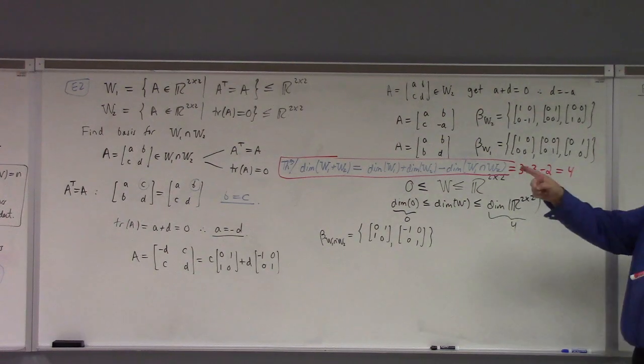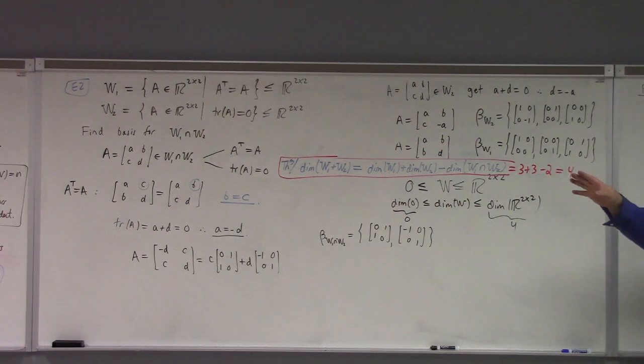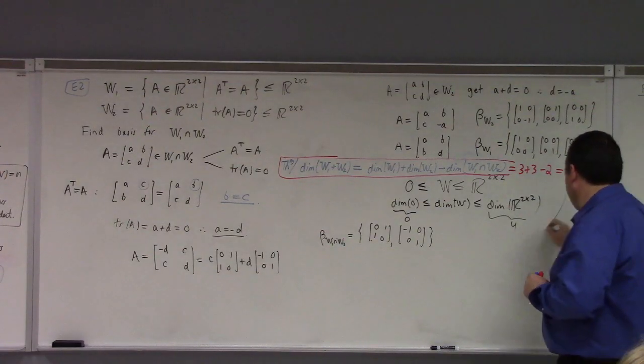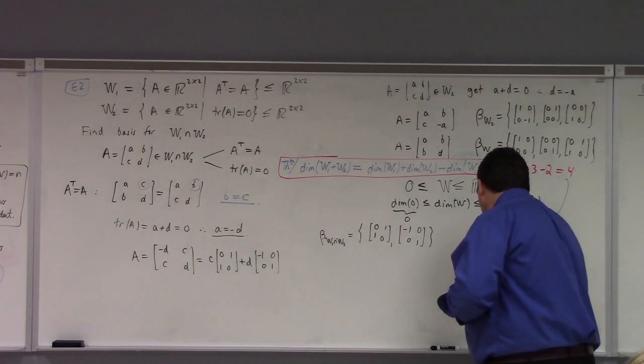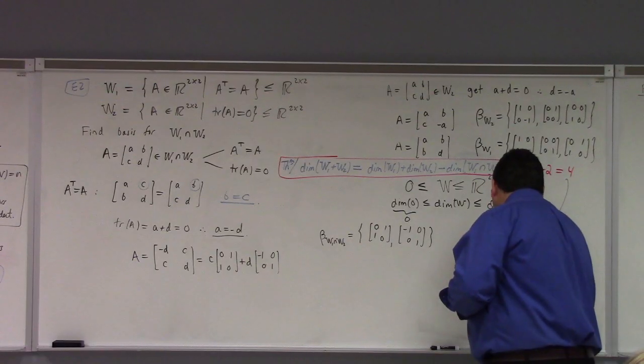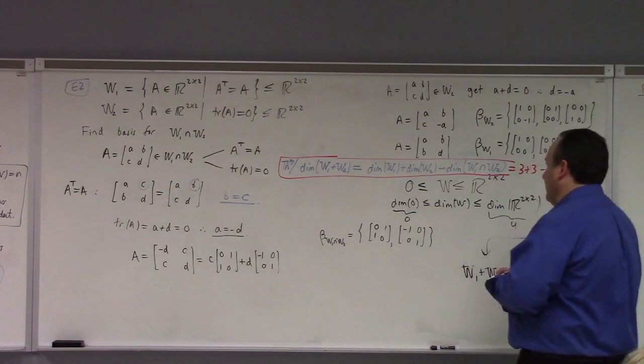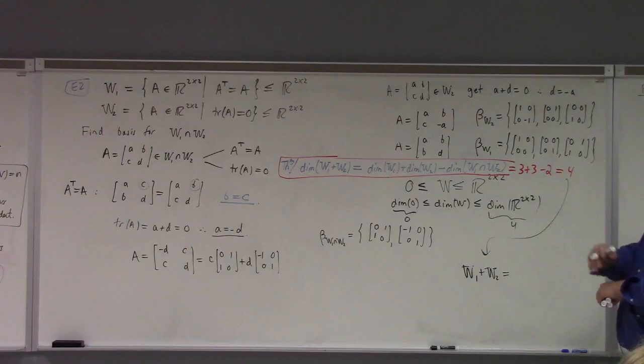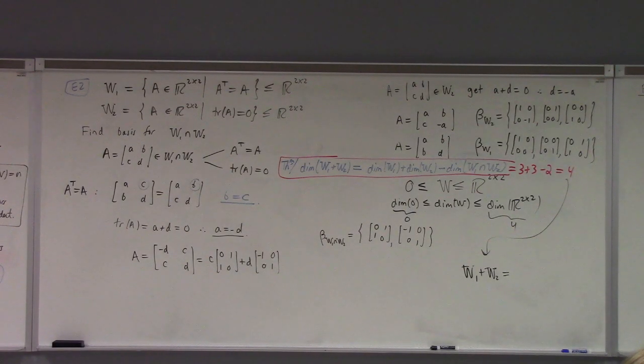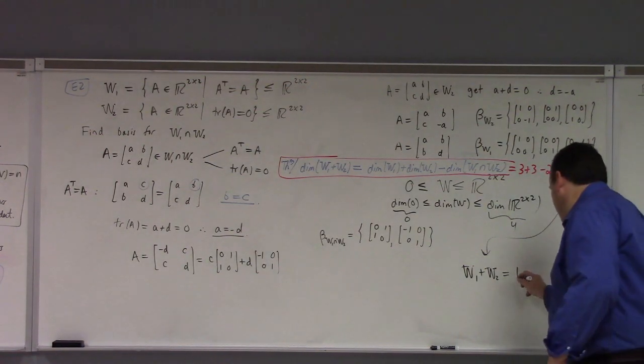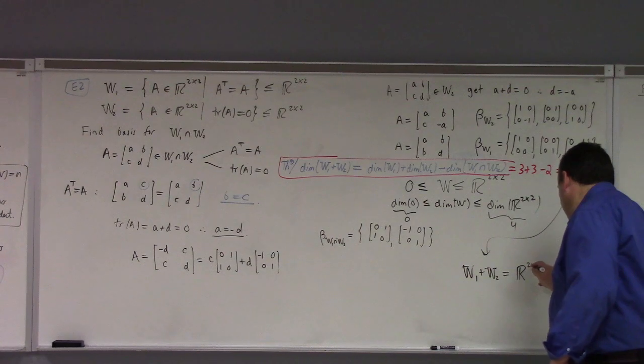So if you believe the theorem, what does this say about W1 plus W2? Allegedly, it's a dimension 4 subspace of our 2 by 2. There's only one of those. It's the whole space. It must be that W1 plus W2 is actually the whole R 2 by 2.